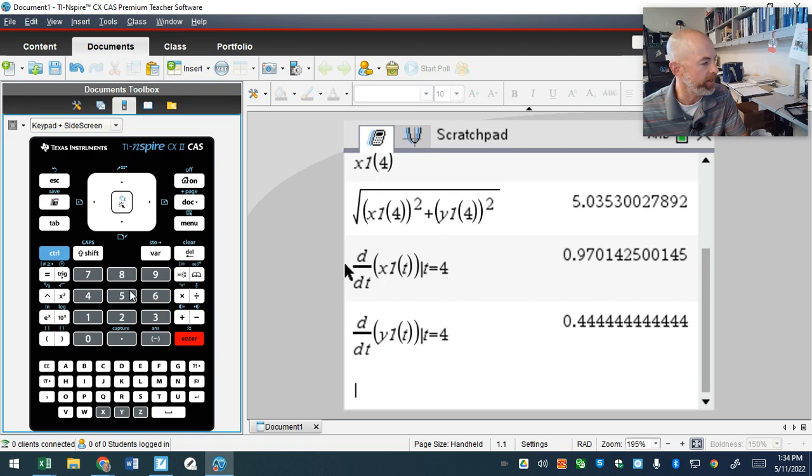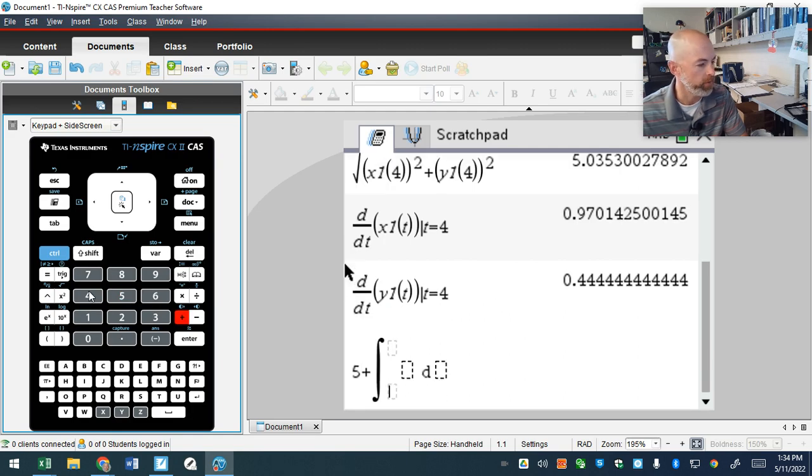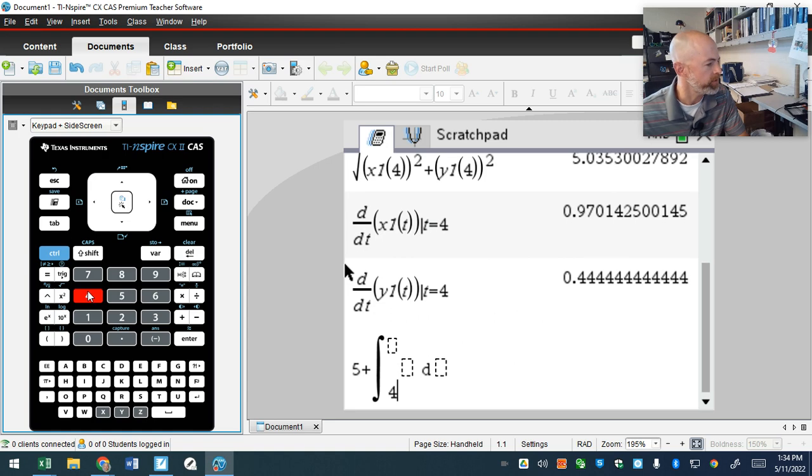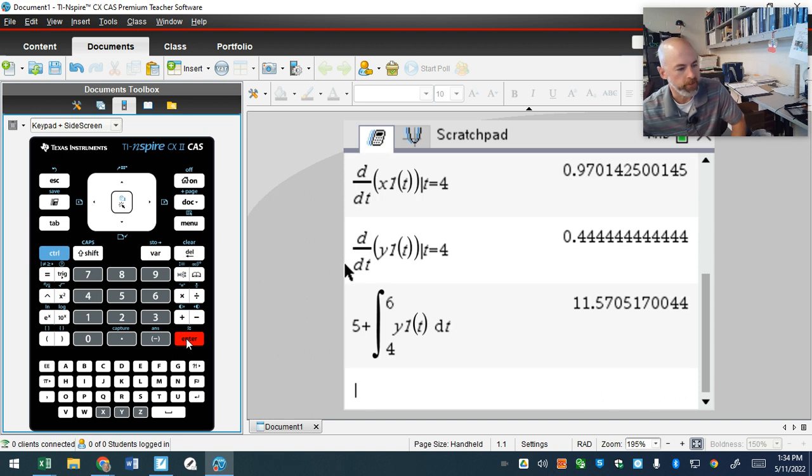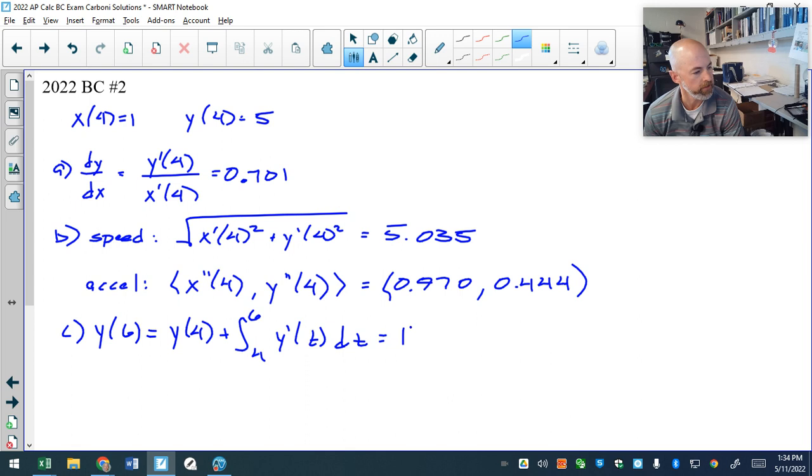That's going to be 5 plus the integral from 4 to 6 of my saved function y1 of t dt. Control Enter to force the decimal, and I'm getting 11.5705, which you could round up to 11.571. You could truncate that at 11.570. I'm just going to leave it like that.